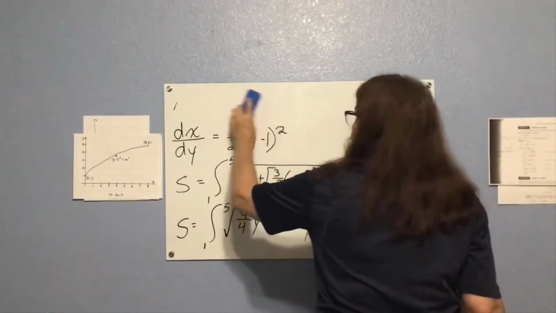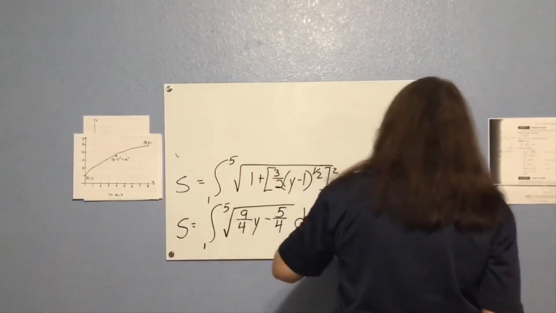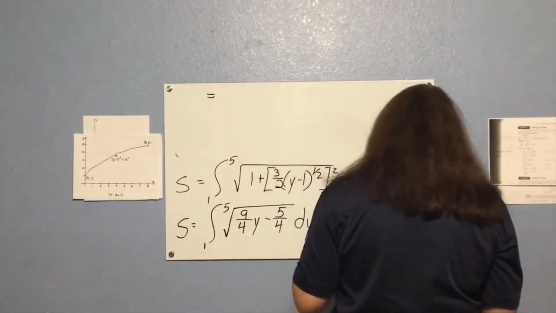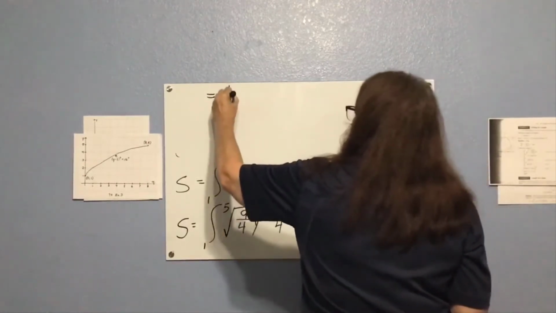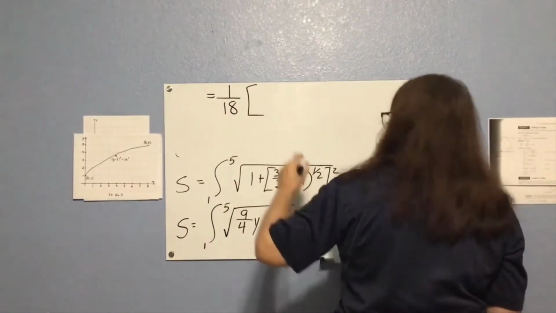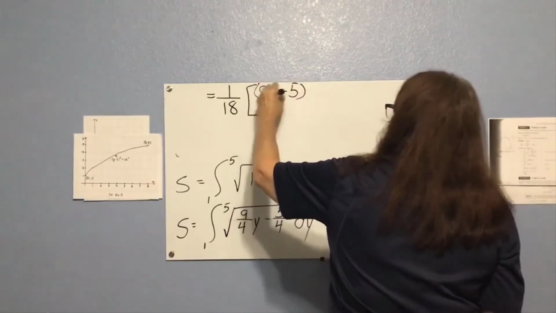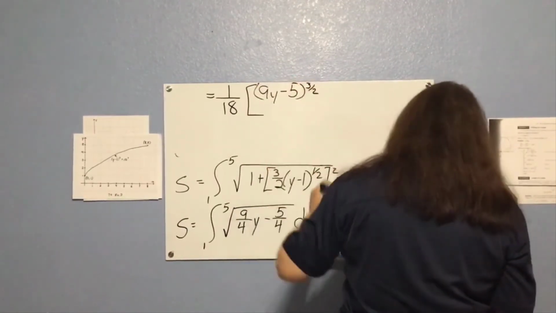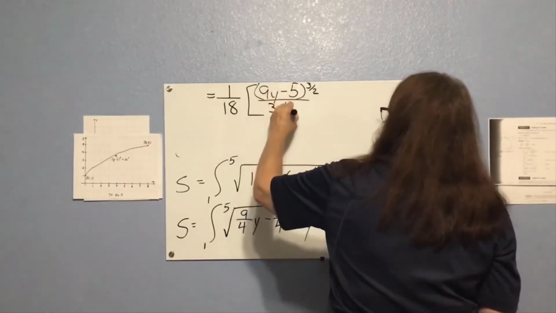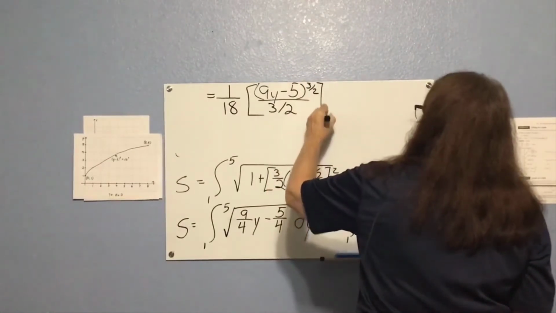Okay, now I'm ready to integrate. I get 1/18 times 9y minus 5 to the 3/2 power over 3/2 from 1 to 5.